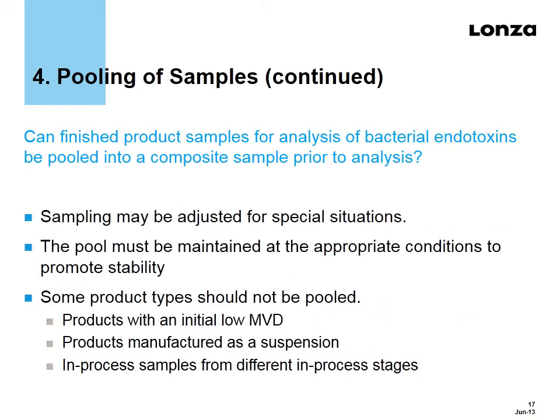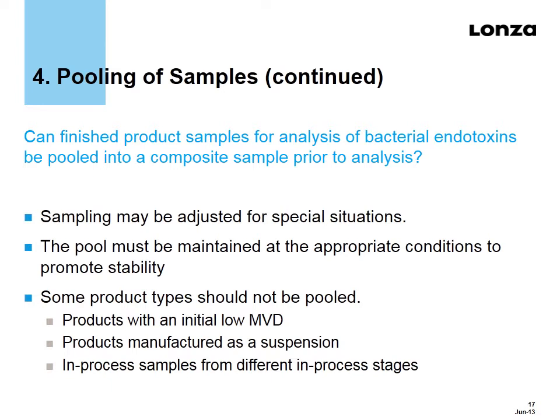The guidance document goes on to state that sampling may be adjusted for special situations. The pool must be maintained at the appropriate conditions to promote stability, and some product types should not be pooled. Examples of such would be products with an initial low maximum valid dilution, products manufactured as a suspension, and in-process samples from different in-process stages.